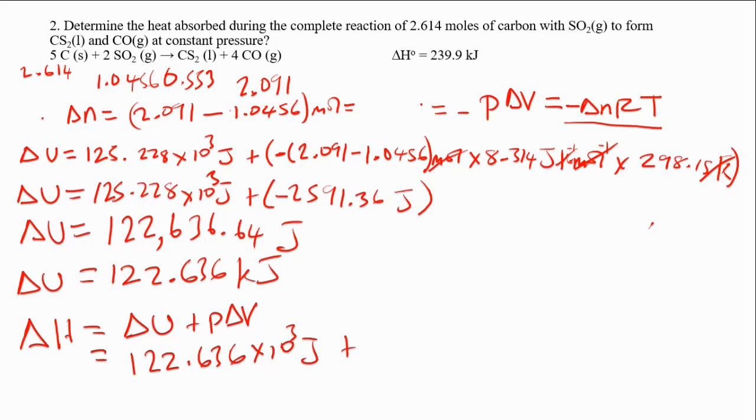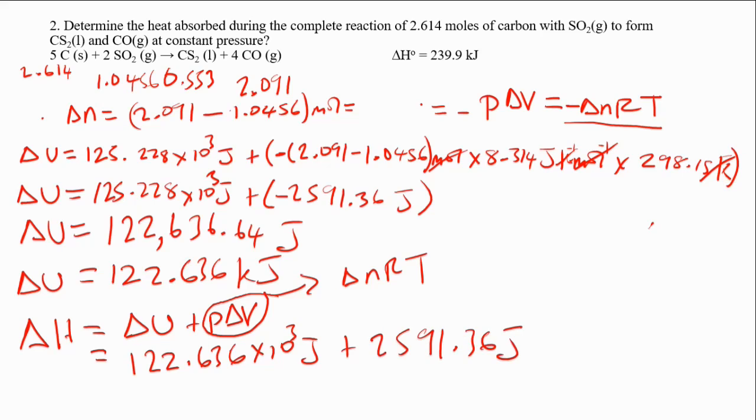Remember that P delta V could be replaced by delta nRT. In this case we don't have the minus sign on it, so it's 2591.36 joules.